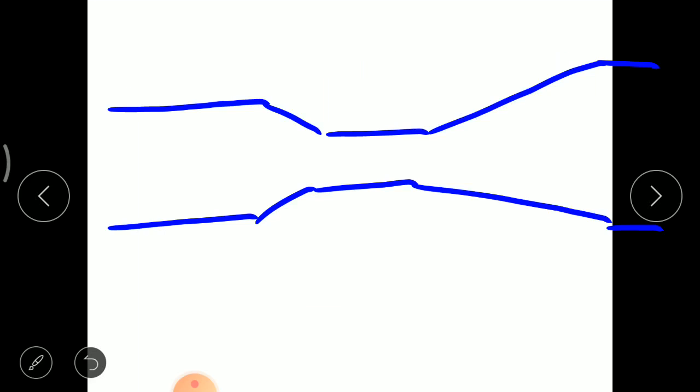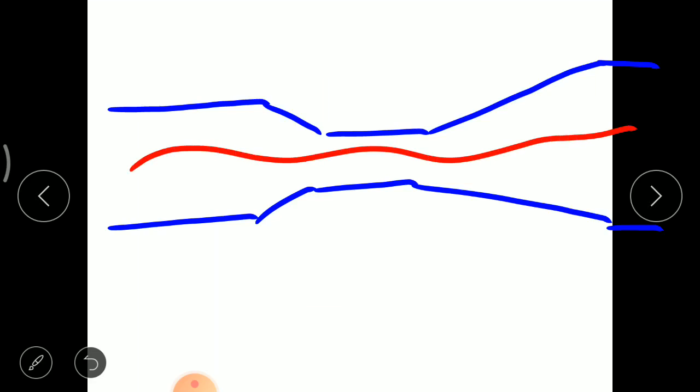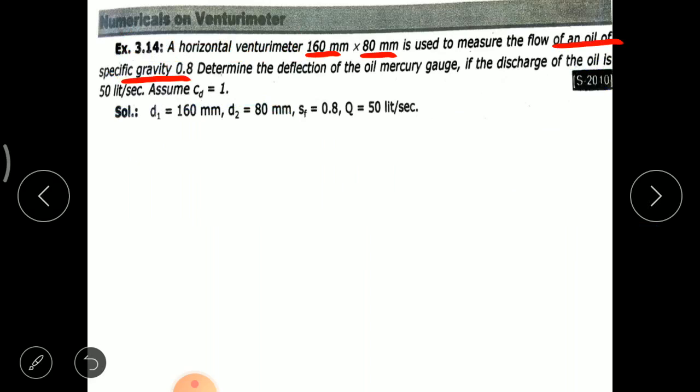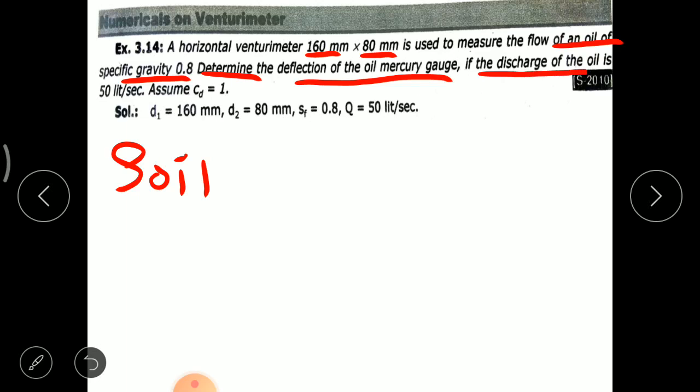That means the liquid flowing in this venturimeter is oil with specific gravity 0.8, and we know that using specific gravity we can determine rho of oil. After that we have to determine the deflection of the oil mercury gauge, if the discharge of the oil is 50 liters per second and assuming CD is equal to 1. This is our given data.